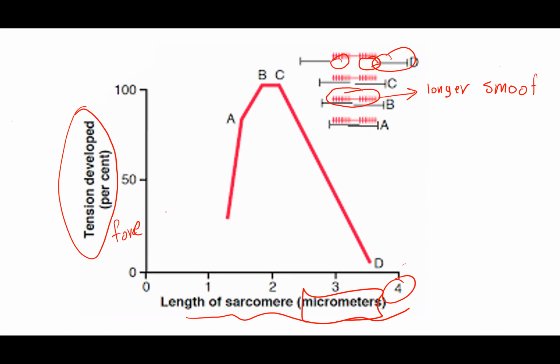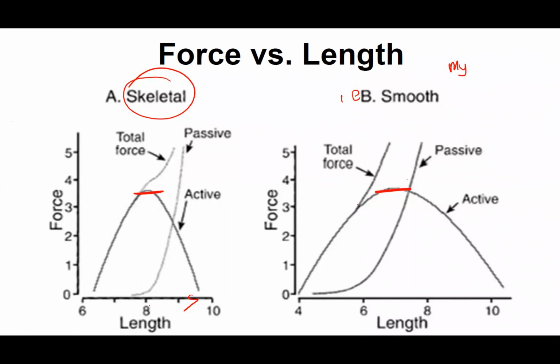That means it covers more actin. Because it covers more actin, the actual optimal length is much larger than in skeletal muscle. So there's more overlap between the actin and the myosin.